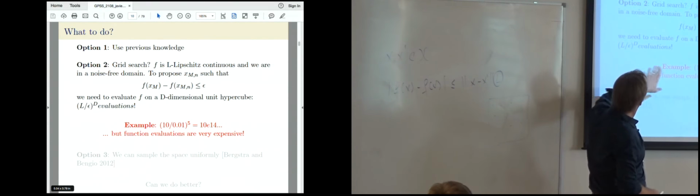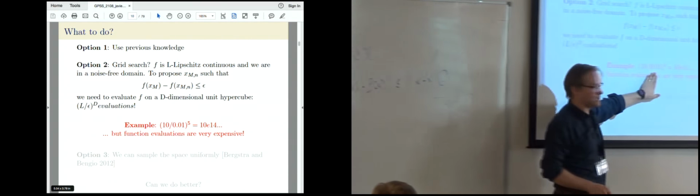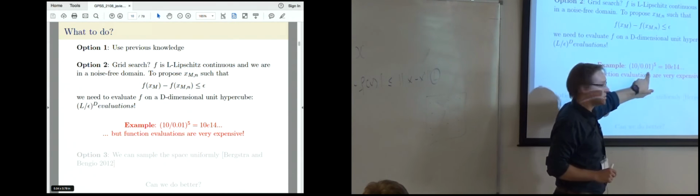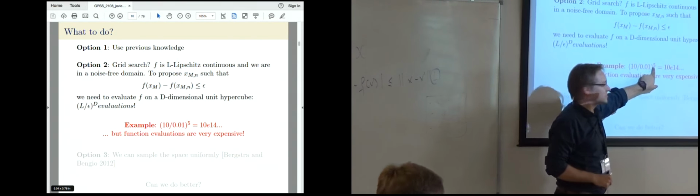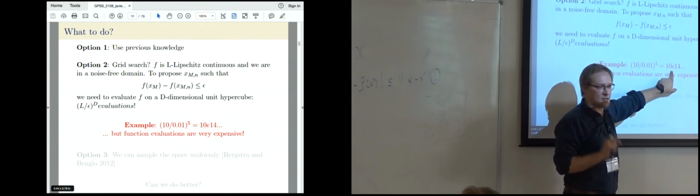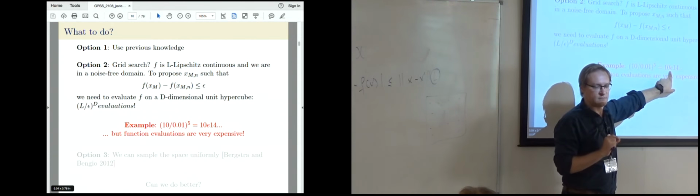If you have an epsilon value, so you want to be closer to the optimum up to a tolerance of 0.01, and you are working in dimension 5, if you use grid search, this is the number of evaluations that you need, right? So this is absolutely insane.